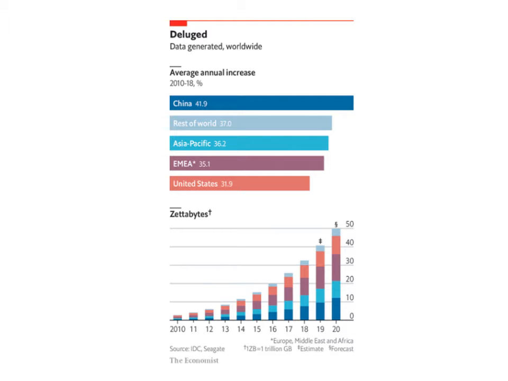For instance, annually between 2010 and 2018, China has increased its data production by 42%. Asia Pacific, a little over 36%. EMEA, which is Europe, Middle East, and Africa, over 35%. In the United States, about 32% annual increase. The rest of the world, about 37% annual increase in data creation.